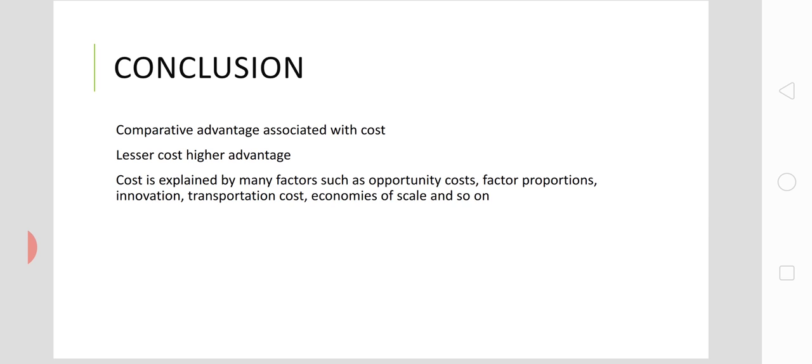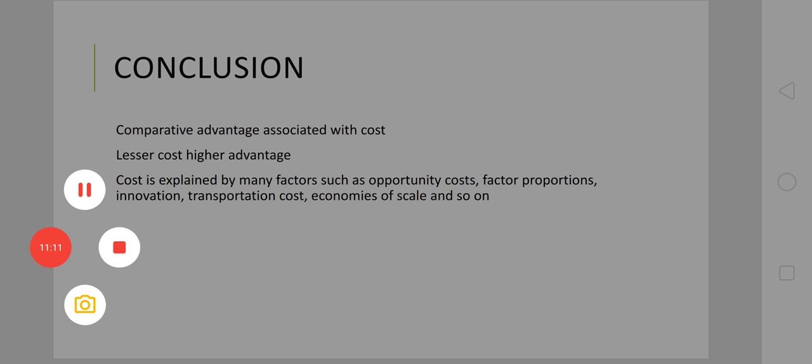Comparative advantage is determined by many factors, as we discussed in the previous slides. Comparative advantage will be determined by the opportunity cost. Comparative advantage will be determined by economies of scale. Comparative advantage will be determined by factor abundance. Comparative advantage will be determined by innovation and imitation. Comparative advantage will be determined by transportation cost. Thank you.